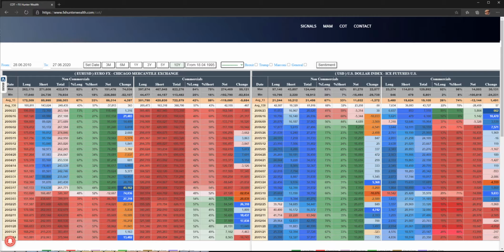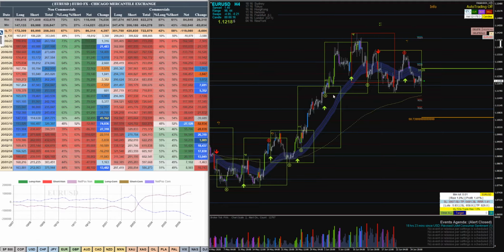All right, so let's go to the charts and let's see what we have here. This is the euro right now, but let's start with the dollar.